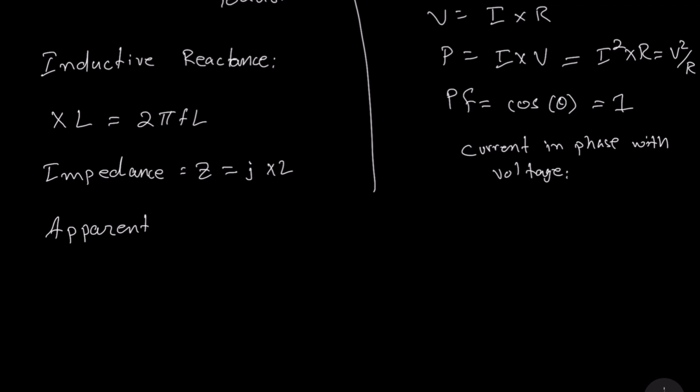Apparent power, we call that S. S is equal to V times I, which is the same as true power in resistive loads. Yes, S is equal to I times V.